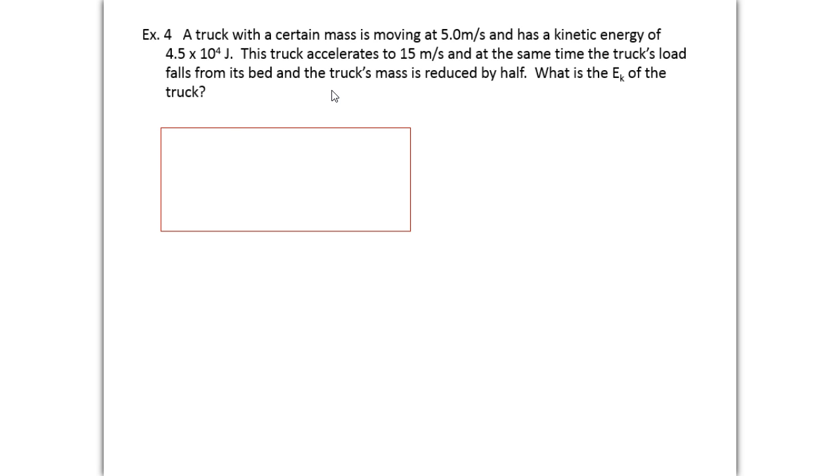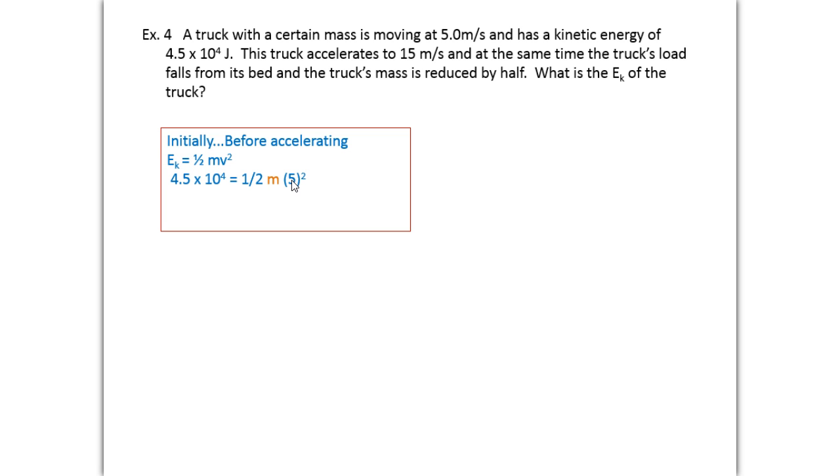Well, we're going to solve this in a couple of parts here. First, before it starts to accelerate, the truck's moving at 5 meters per second. So we can find the kinetic energy. We know it's 45,000. Half is already there, it's part of the formula.